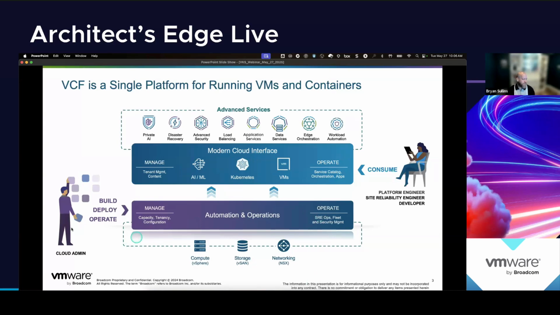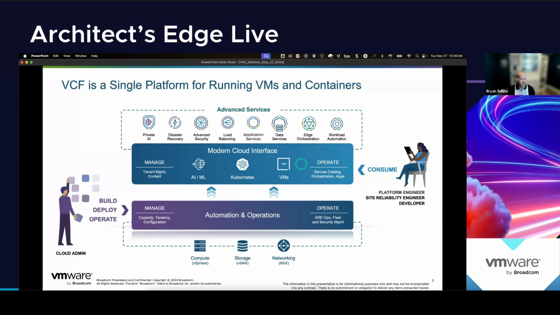So your traditional vSphere admins become cloud admins through policy-based management, which serves all of this out to your consumers ultimately. So we're creating that same experience with those same expectations through our platform.